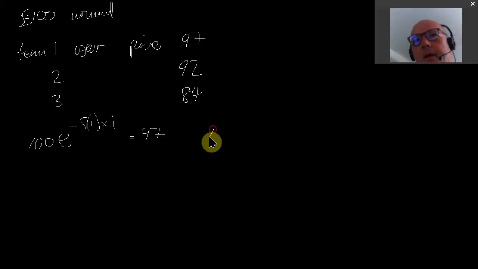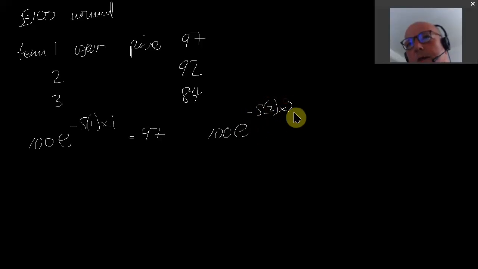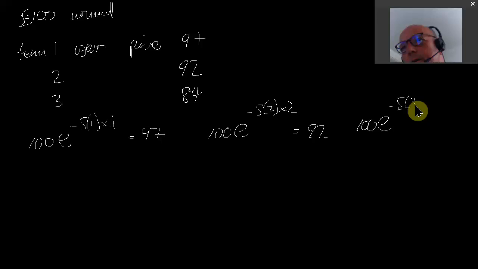Similarly 100 times e to the minus the spot rate at term 2 times 2 years equals 92, and 100 times e to the minus the spot rate at 3 years times 3 equals 84. However, we want to turn this round so we get the rate of interest at each point in time.